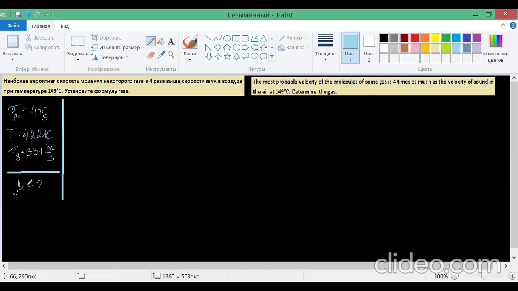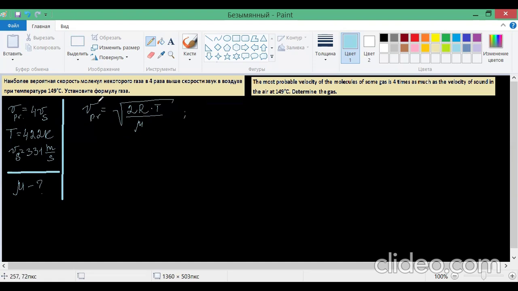Now, let's remember the course of standard physics, and it taught us that the most probable velocity of molecules is equal to the square root of double gas constant R times temperature T divided by the molar mass of the gas. Okay, we've got everything, but we remember that this term is equal to 4 times the velocity of sound.